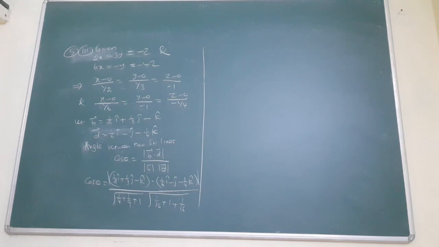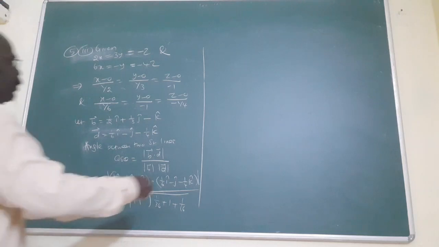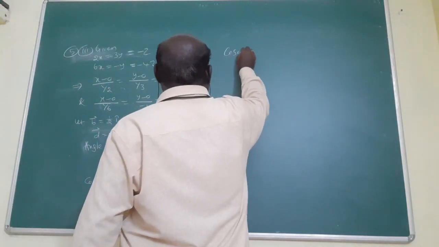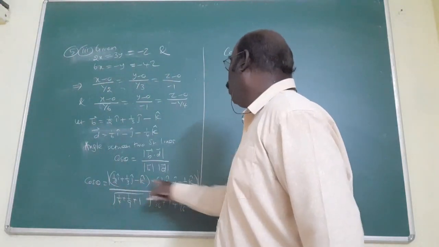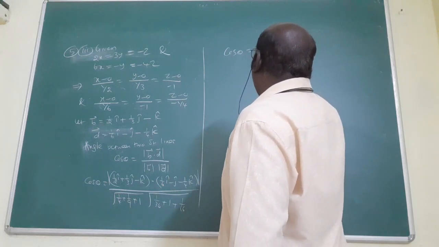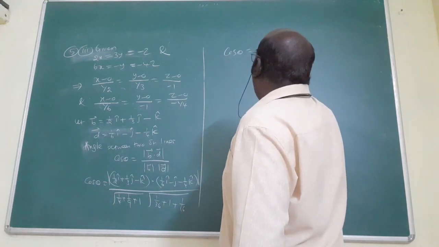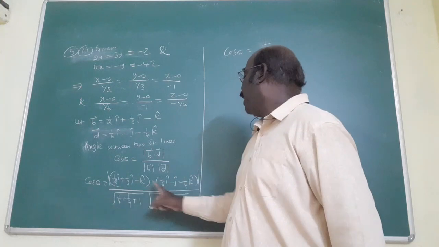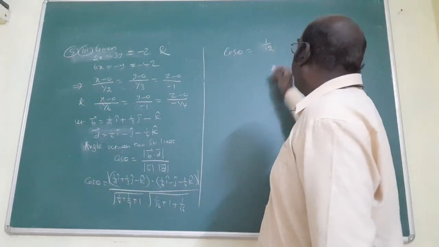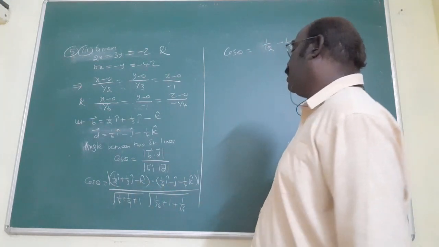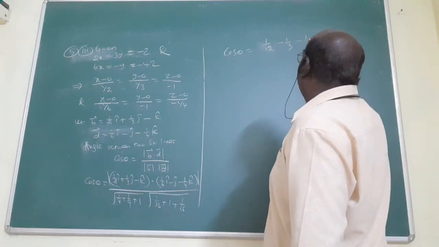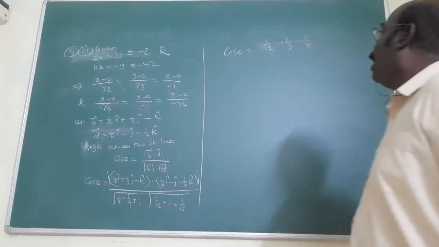By chance, if you want to multiply here, cos theta equals 1 by 12. Am I right? Corresponding i with i, then j with j minus 1 by 2, last 1 by 4. Am I right or not?